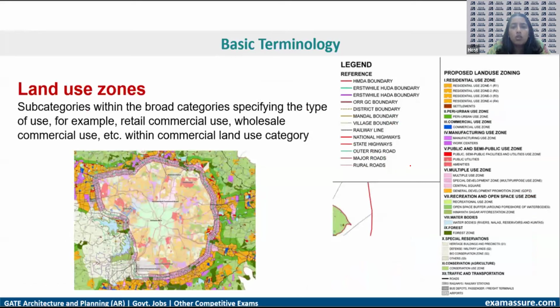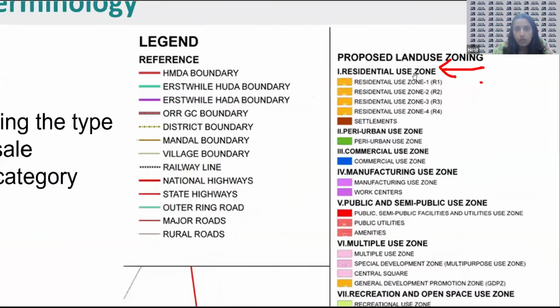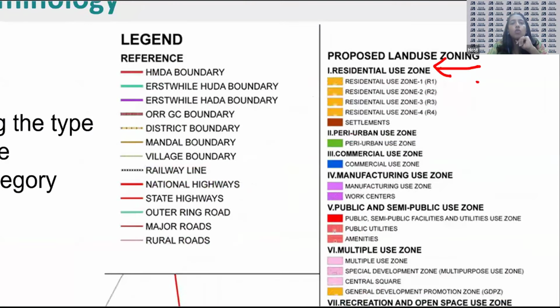Then coming to land use zones. When you have a particular land use, land use zones are a subcategory of that broader category. Here, if you look at this legend, this is the master plan for the Hyderabad Urban Development Authority. Under land use, I see residential use zone, and under it these subcategories of zone 1, zone 2, zone 3.